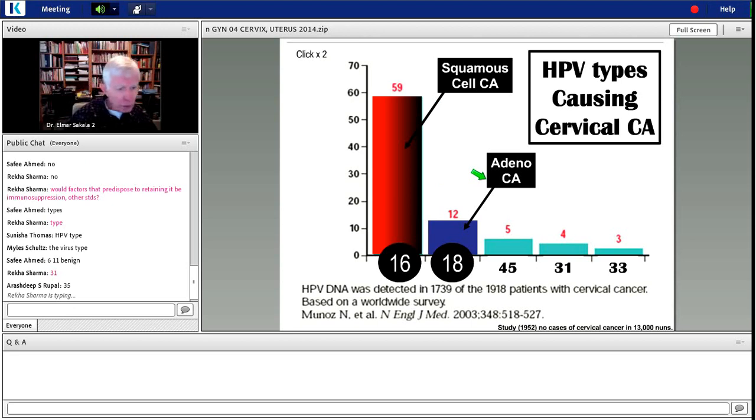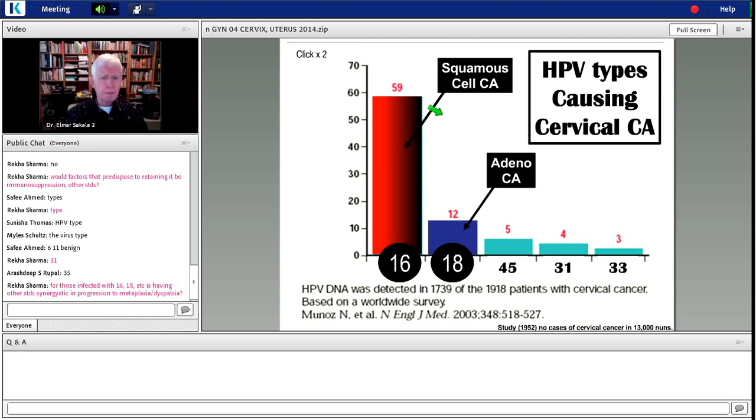That would be worth sticking someplace in your brain. The 16 and 18 are the most common ones. You can see there's 45, 31. There's dozens of HPV types, but it's the 16 that most likely causes squamous cell, and the 18 the adenocarcinoma. That's why we need to get a sampling of both the squamous cells and the columnar cells.